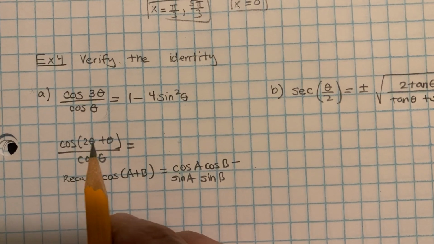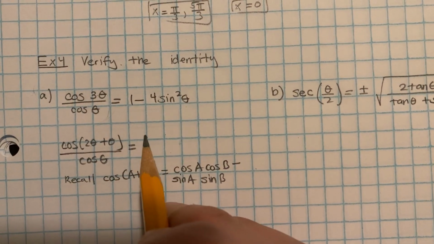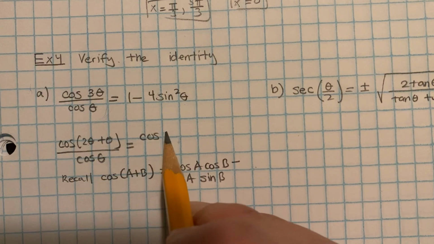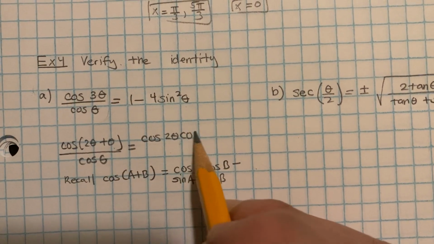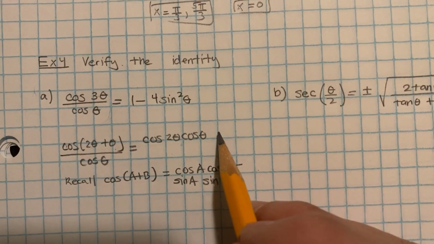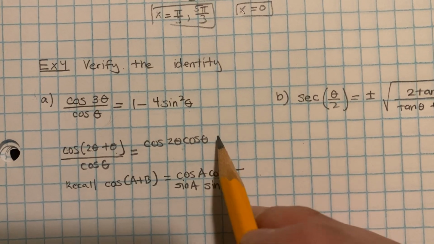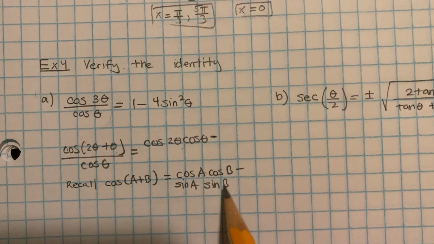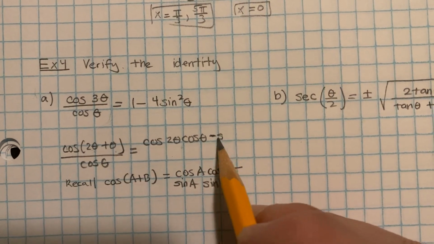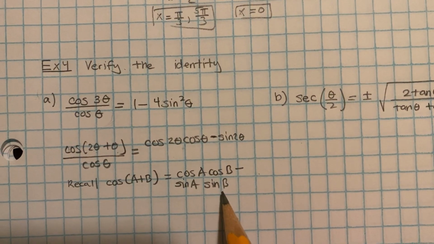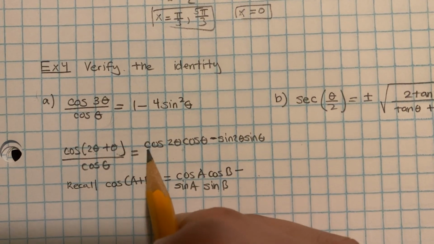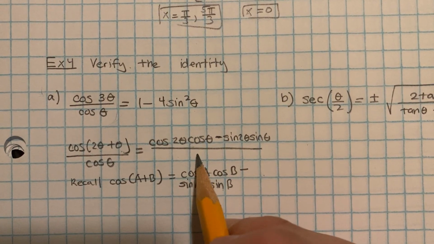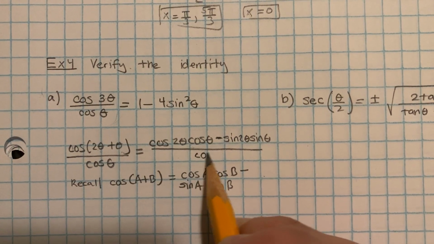So I take cosine of the first angle, cosine of 2 theta, cosine of the second angle, cosine of theta, and then minus sine of the first angle, sine of 2 theta, and sine of the second angle, sine of theta, all over cosine theta.